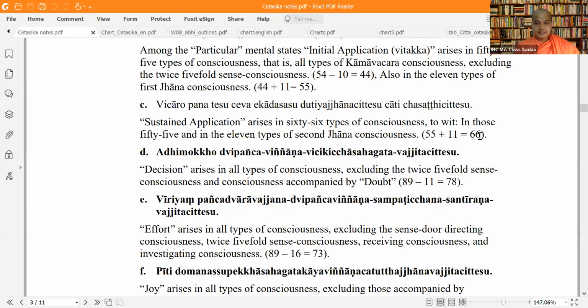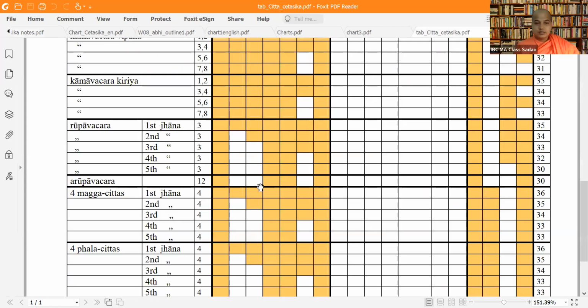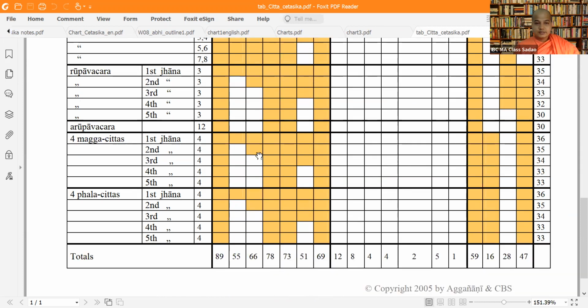Therefore, you have 66. Again, you can look at the chart and you can find that vichara is present in the first two jhanas. Similarly, in the Lokottara Chittas, the category of Magga, and also in the category of Phala, the first two jhanas. Therefore, the number is increased.